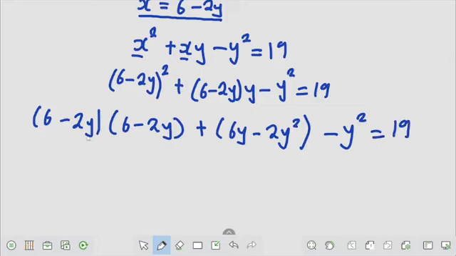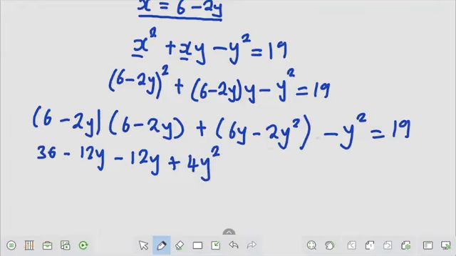From here we can expand. 6 times 6 will give us 36. 6 times negative 2y will be negative 12y. Again, negative 2y times positive 6 will be negative 12y. Negative times negative is positive, then 2y times 2y will be 4y squared.